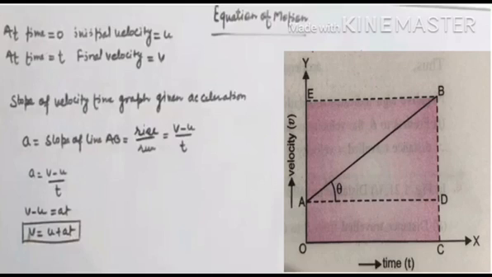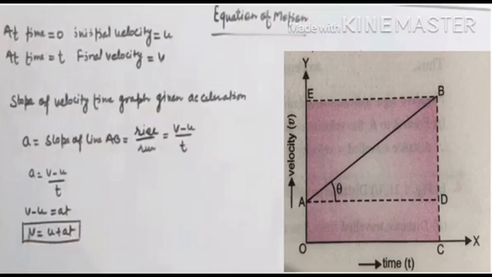figure. At t is equal to 0, the velocity is equal to OA is equal to u, the initial velocity, which means that AO is the initial velocity and we use letter u for the initial velocity. In going from A to B, the velocity of the body goes on increasing at a constant rate, that is a, meaning acceleration.